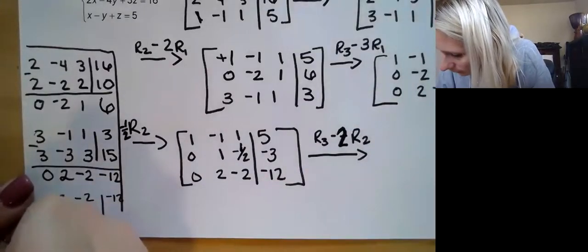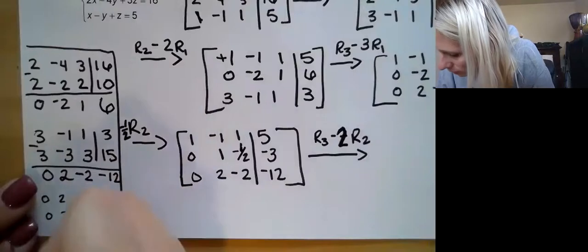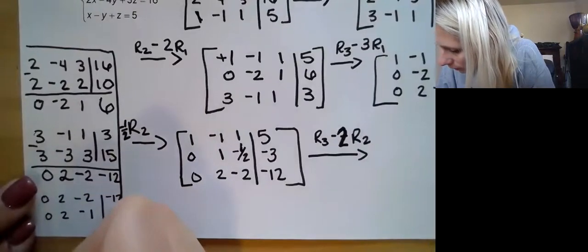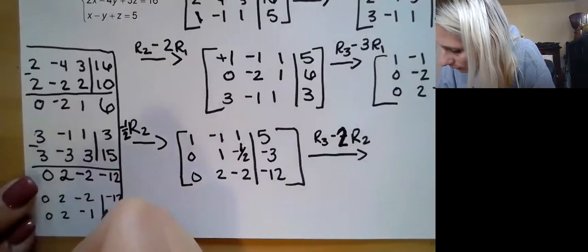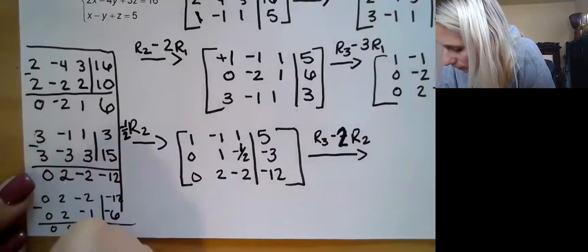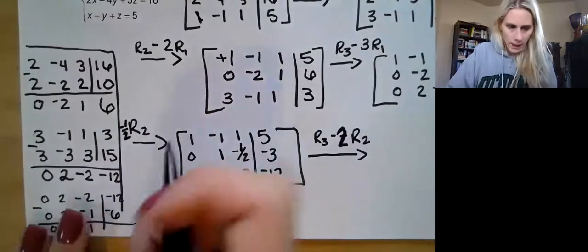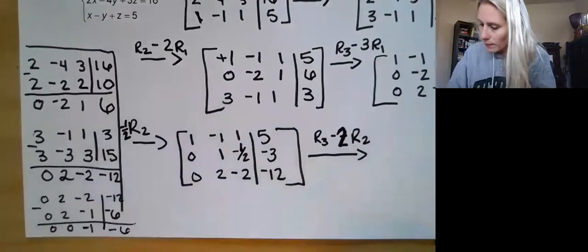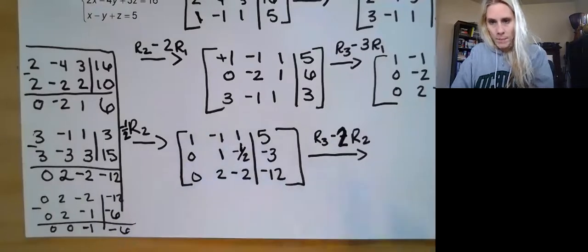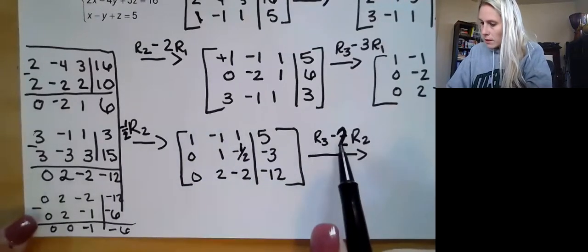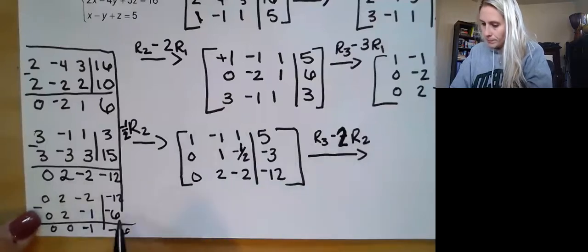So I get 0, 2, -1, and -6. And I'm going to subtract straight down 0, 0, 1. Subtract straight down, I get -6. Oh, and this should be -1, right? Sorry, you guys see my math? So took row 3, subtracted 2 of row 2.